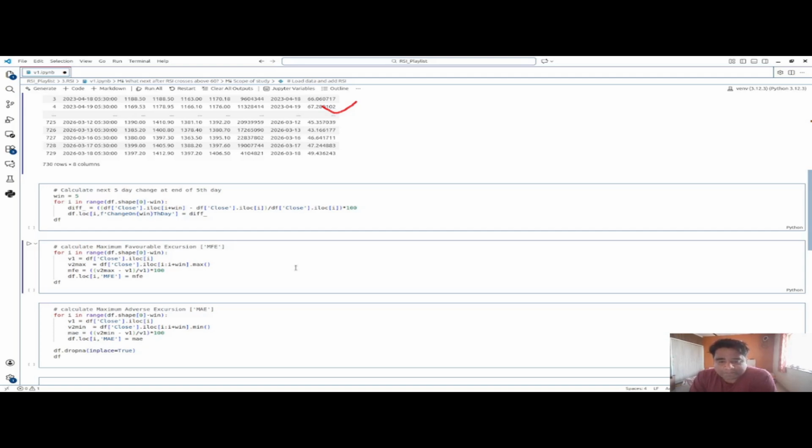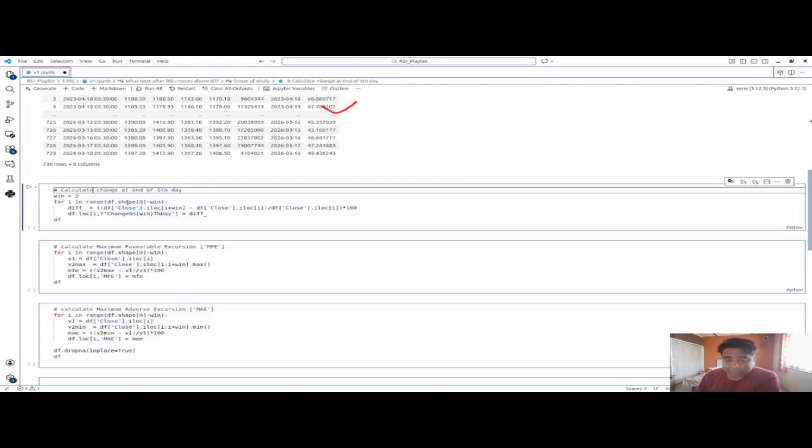First one will be the next 5-day change, calculate the change at the end of the 5th day. Second, maximum favorable excursion. Maximum favorable excursion means in those 5 days what was the maximum bullish movement you have observed.